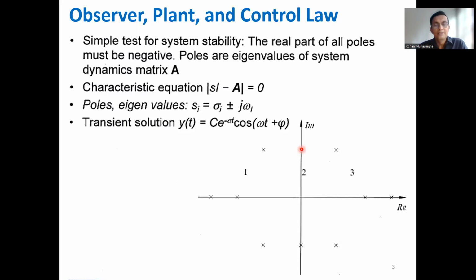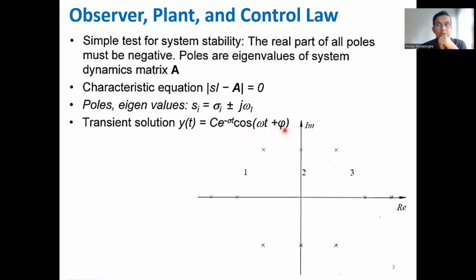Why do we say that? If you look at the time domain response for a step input, you give a step signal to the plant, and when you solve the equations, you get this type of response: C e to the minus sigma t cos(omega t plus psi).